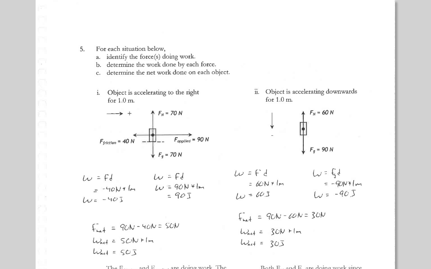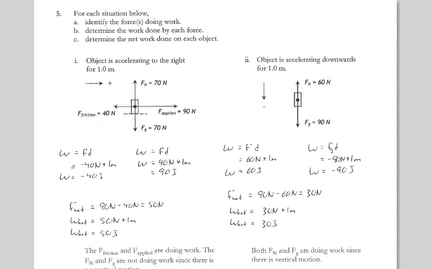Okay. Let's jump to 5. Let's take a look at what they're doing. For each situation below, identify the forces doing work, determine the work done by each force, and then determine the net work. Interesting, net work. Remember, net work is a scalar, so let's try to think about this. Example 1, object is accelerating to the right.